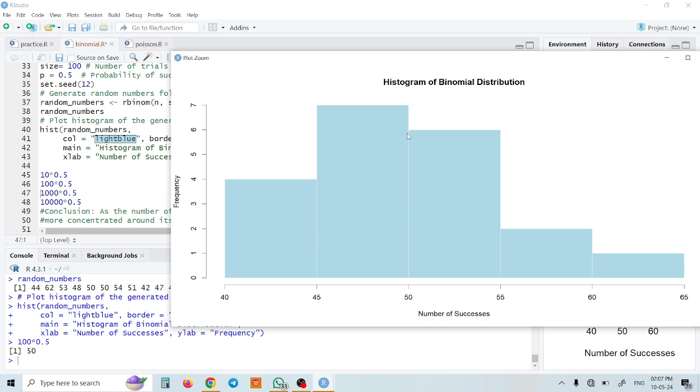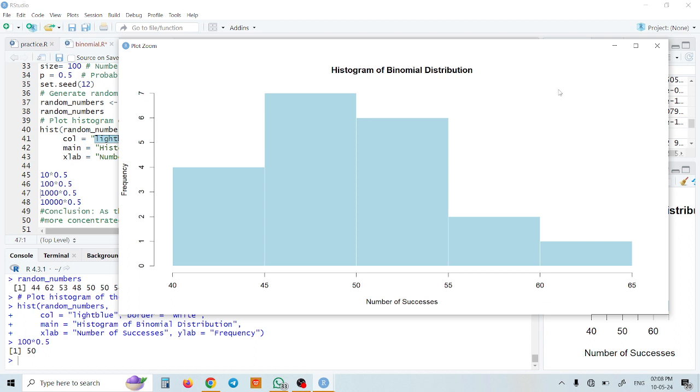You can see the mean is lying somewhere here, and it is still not symmetric, but it has become right skewed. But you can see most of the data is lying between 45 and 55, so maybe plus minus 5 of the mean, right?